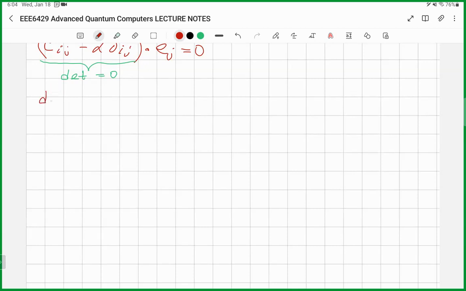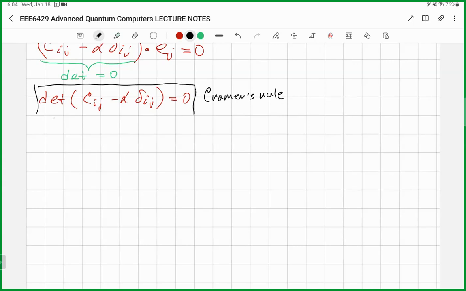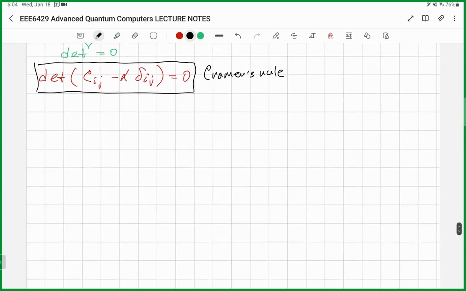So I write that the determinant of Cij minus alpha delta ij equals 0. This is called Cramer's rule. So as far as I remember, it's Cramer's rule.